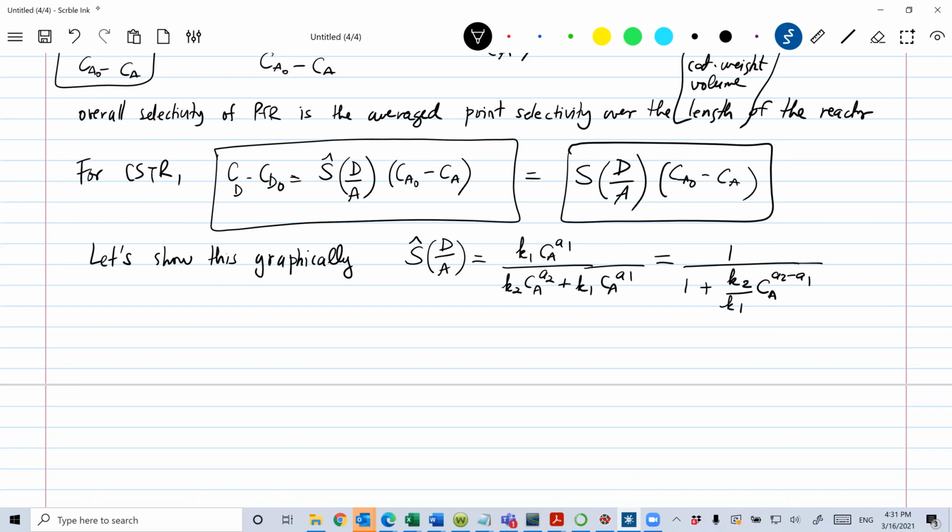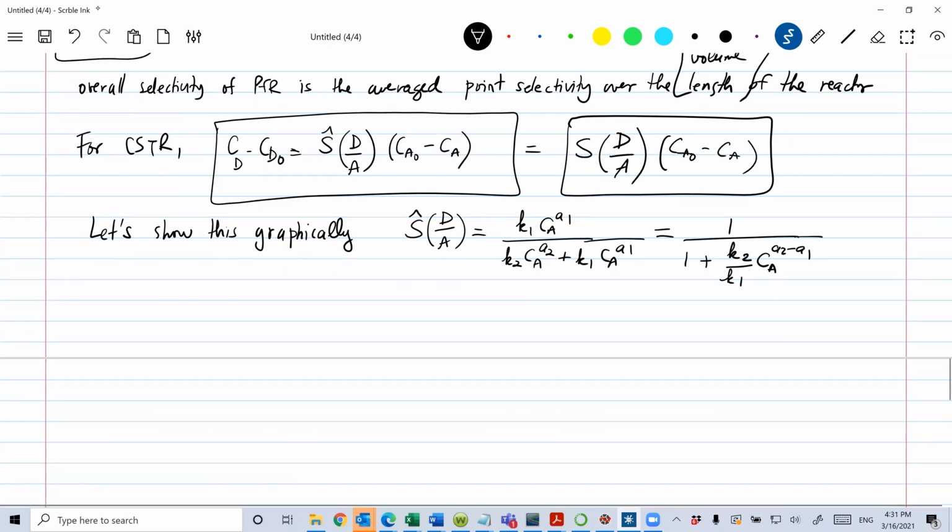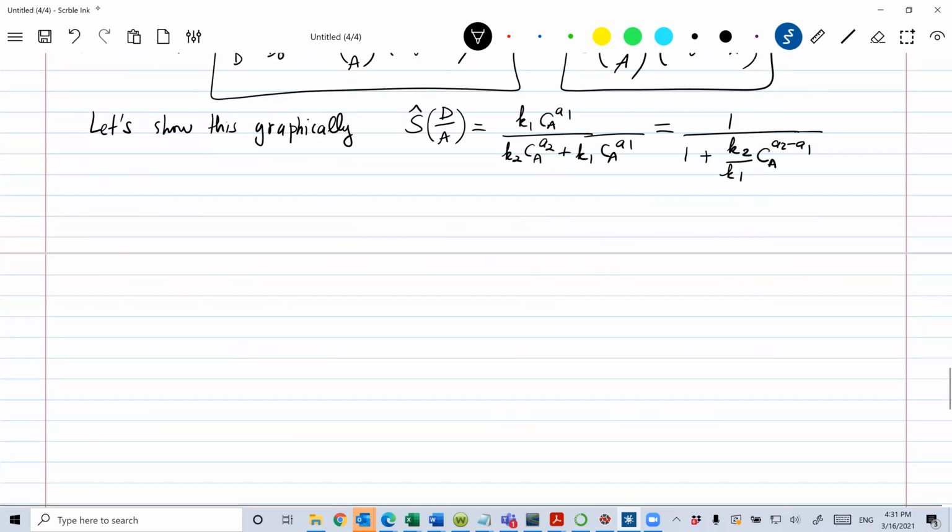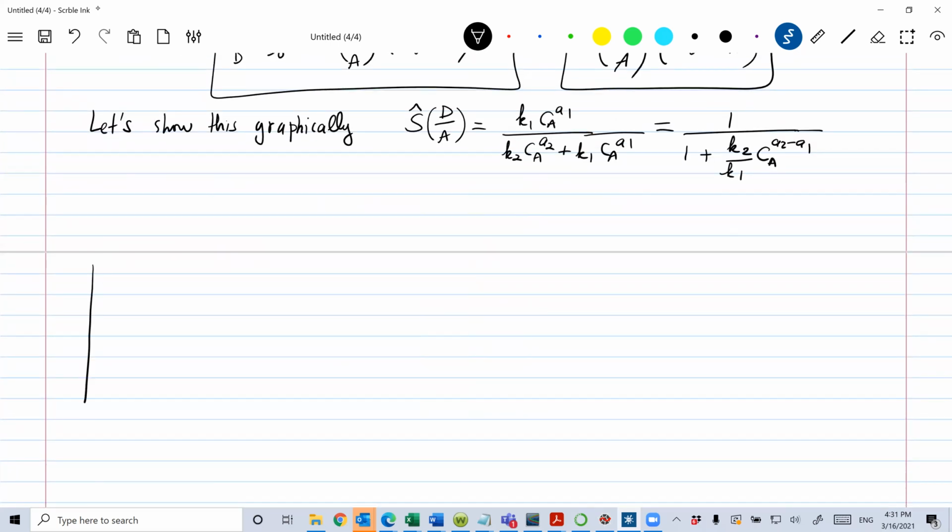You can convince yourself that's the case, but you can rewrite this like that. It's the same thing. Now let's plot it. So now let's make a plot. And let's say that A2 is bigger than A1.